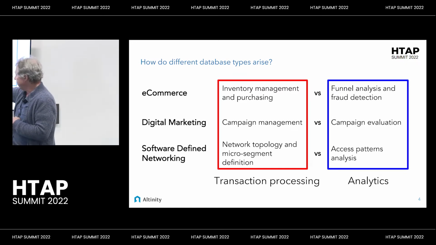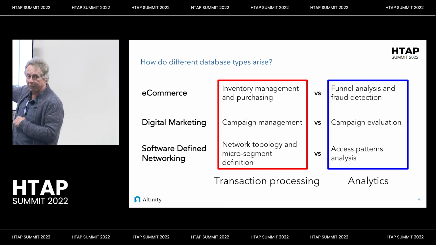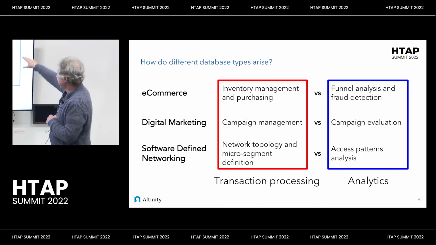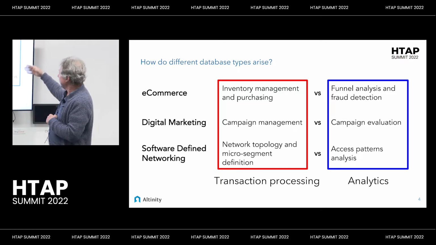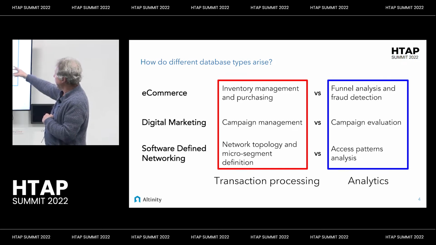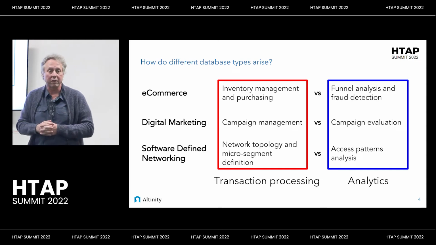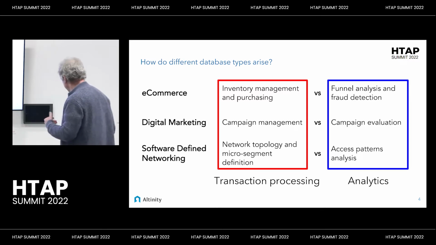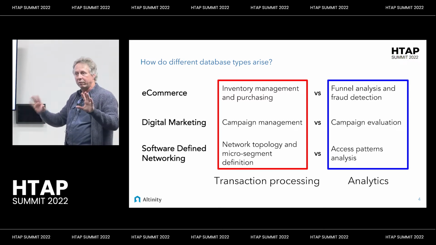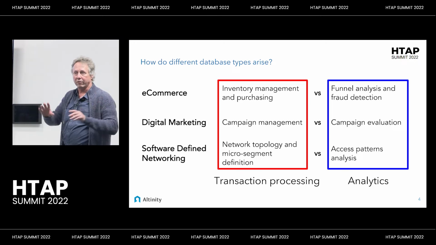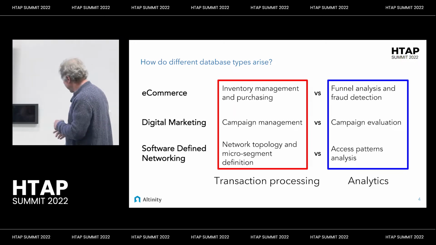On one side, you have transaction processing, where you need to be very precise, very quick, and may have high levels of concurrency. On the other side, you may have a completely different set of users, human analysts, and in some cases software, which is running this analysis and then taking actions on it. Fraud detection is a good example, where an alert may pop up to say, hey, this transaction looks weird, it's something unusual, so we want to look at it more carefully.